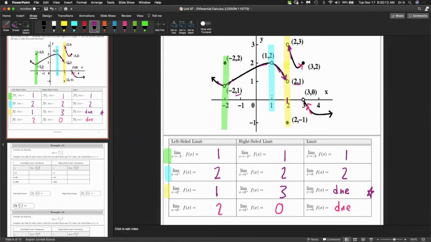Okay, this is x equals 1, right? And this is the left side of 1. But aren't you trying to show where it's going? It's going towards 2. Okay. It's going toward a y value of 2.